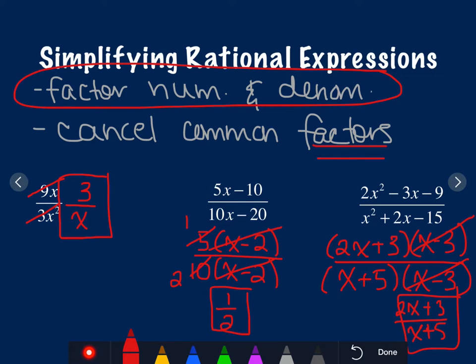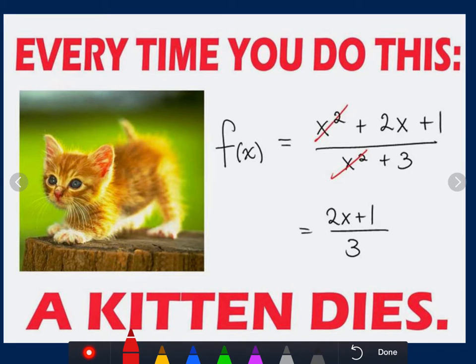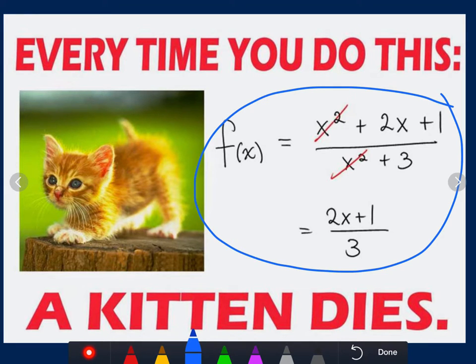So I couldn't just go ahead and cancel the 2x squared and the x squared because they are terms, they are not factors. So we factored the expression first and then canceled out the common factors. Just to give you a little reminder, think about this poor kitten. Do not cancel common terms.